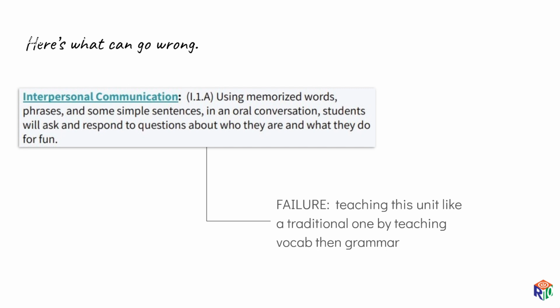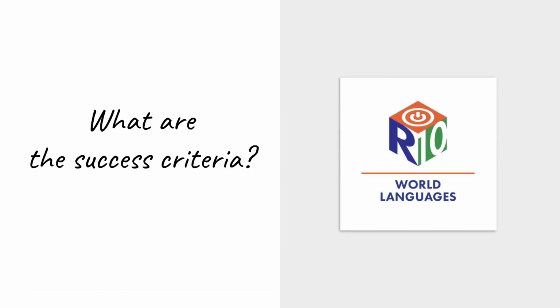So me being able to understand what a performance assessment looks like, what the students will be producing is absolutely key. And if I try to teach a thematic unit like a traditional unit, it's not going to happen. It's not going to happen, okay?